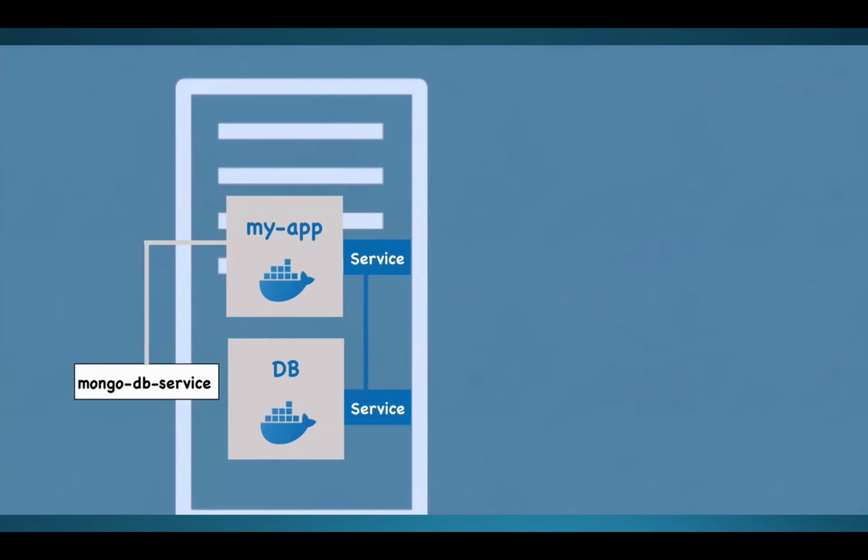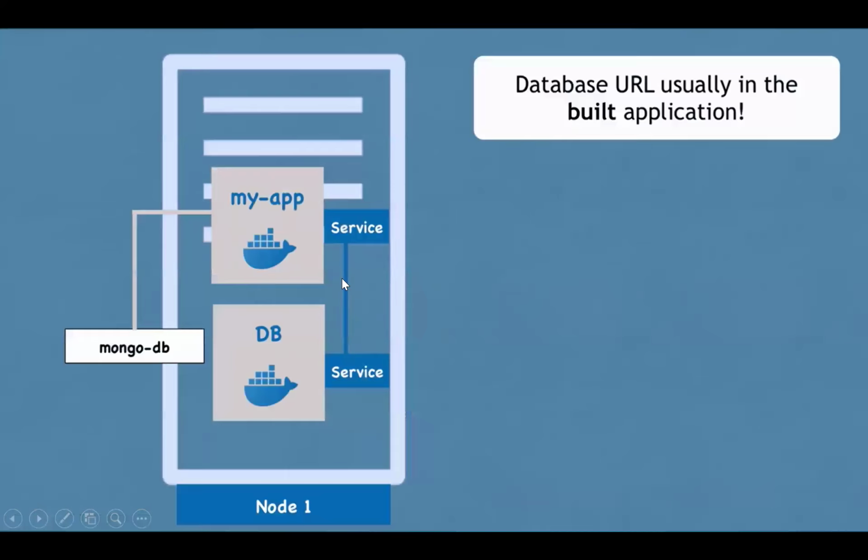Third service, we look at this one. We have my application, which is also running a MongoDB service, one of the services named MongoDB, which is a database service. That database URL is usually built into the application.